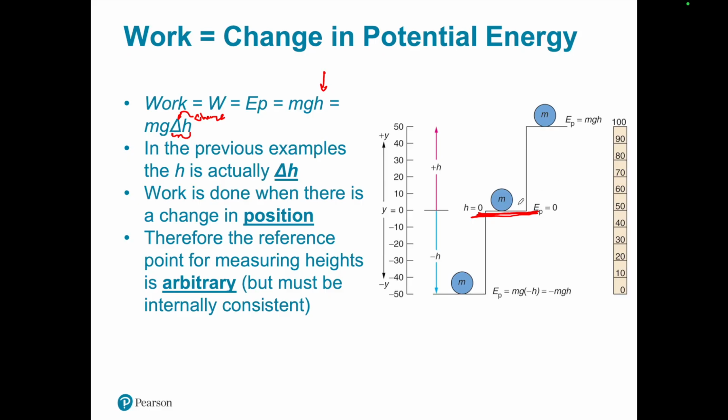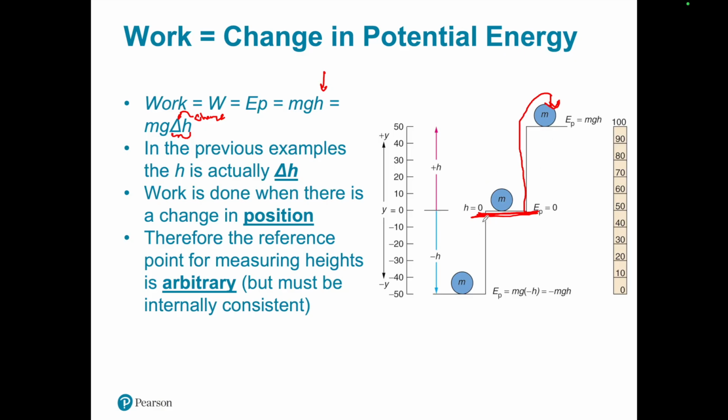If you were to do the work and put an object up here at, say, 50 height, whatever that unit is, let's just say 50 feet, you did the work to put the ball all the way up here, then you would have that much potential energy. 50 feet.